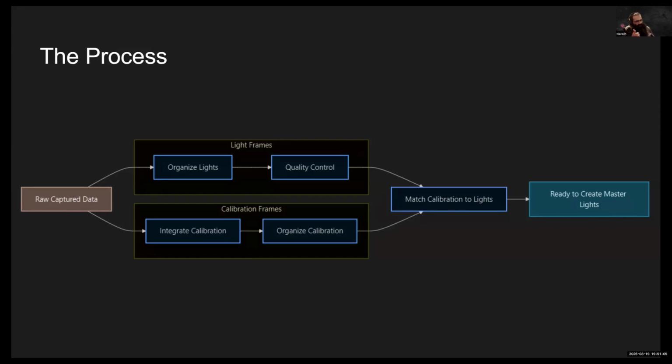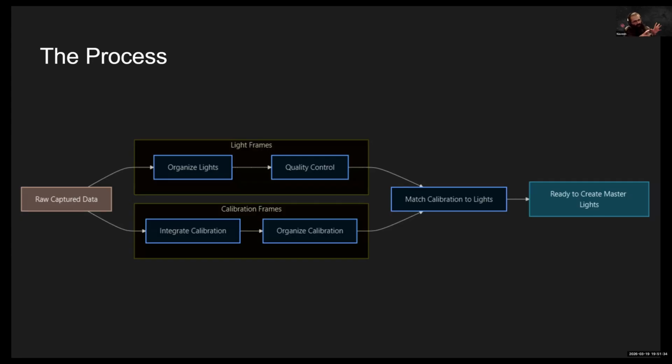So we need to organize our lights. We need to do that quality control, look for star trailing or out of focus or the clouds or whatever. House roof is in frame. And then you also need, if you've taken new flats, which I recommend, or maybe you've got a new rig and you've just taken your first flats and darks and bias and whatever, you need to integrate those, organize them.